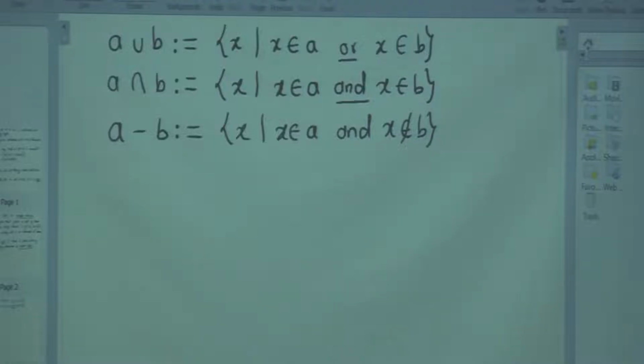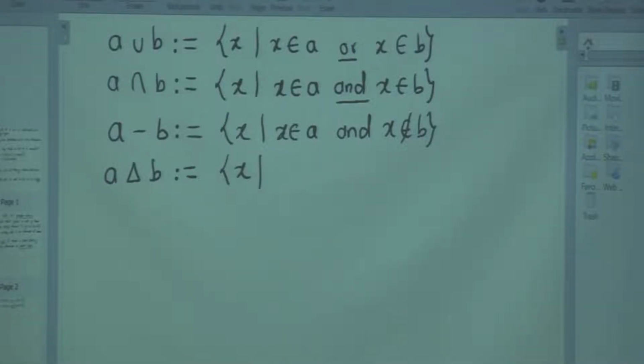A triangle B. Okay. A triangle B is the symmetric difference operator, right? So what is the definition? x such that... you know symmetric difference? No?